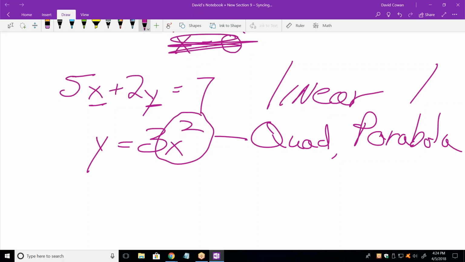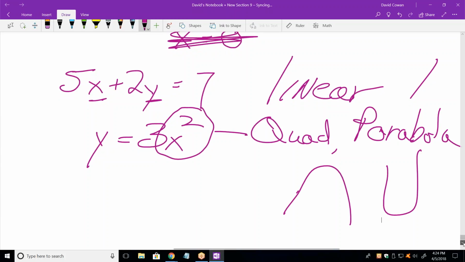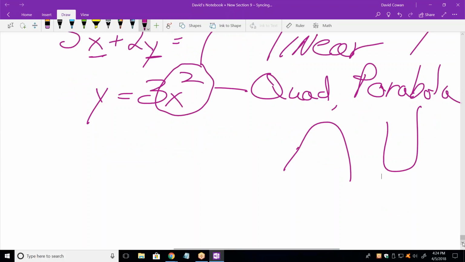It's either going to look like this or like this. So you kind of see then there that it all depends on what the power on the x is.